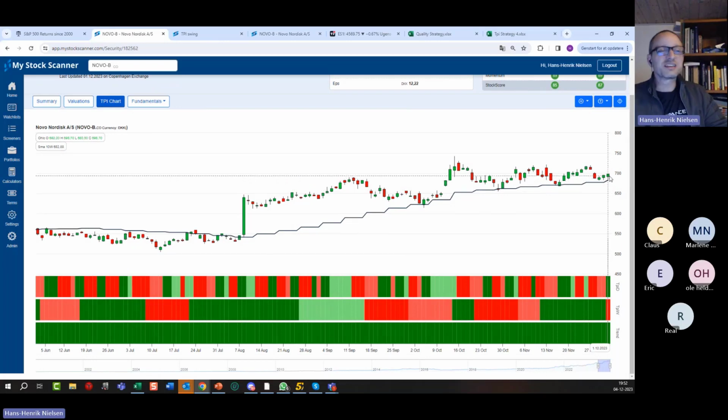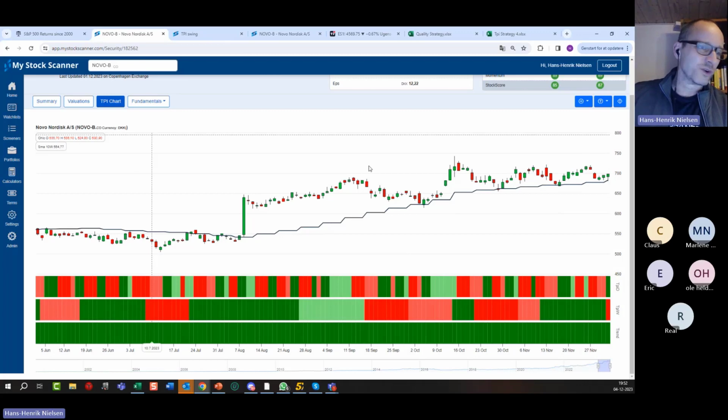Now, this one is turning red, even though it is last Friday. And that is because you can imagine it has moved 1 day backwards all the time, because this one tells us that from Monday, the weekly TPI on Novo Nordisk will be red. So this one tells us that already when Friday closes here.